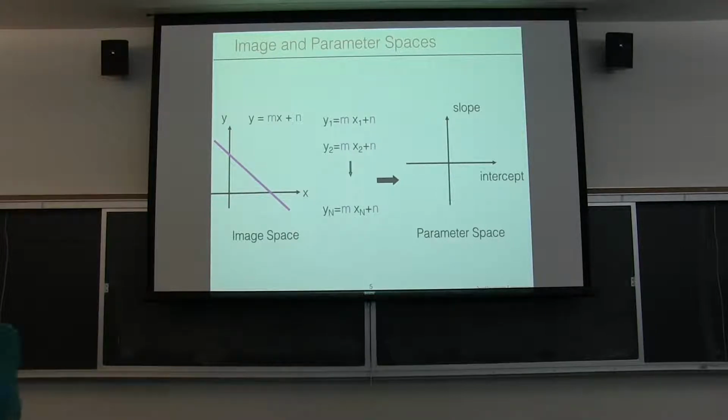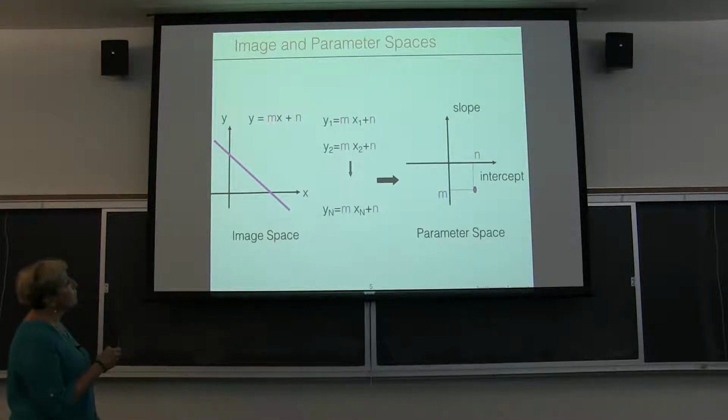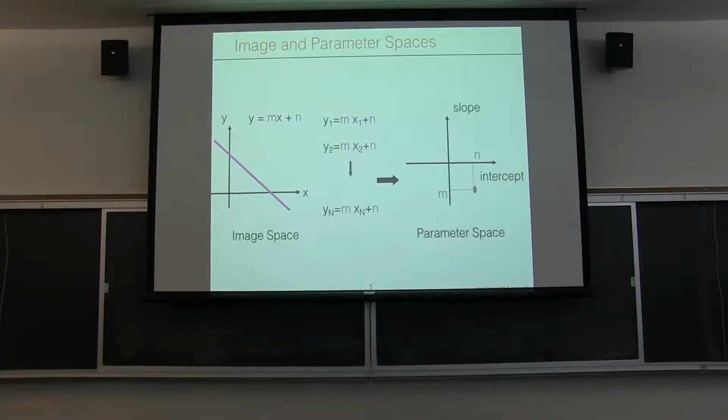In this case, I have two parameters, m and n, so I have a two-dimensional parameter space. In one axis I have intercept, in the other axis I have slope. And then a line that has associated a pair of m and n can be represented in this space as a point.